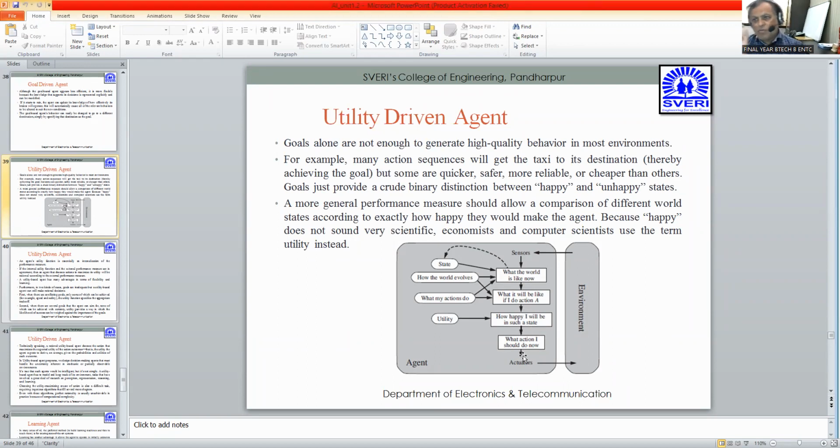So there will be one utility element added in case of goal driven agent, right? Same figure, same thing, the working is also very similar, but the utility based agent will have this utility element.